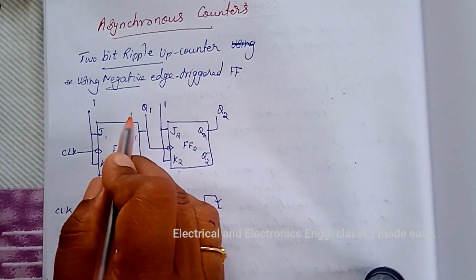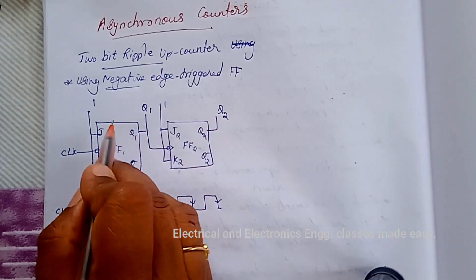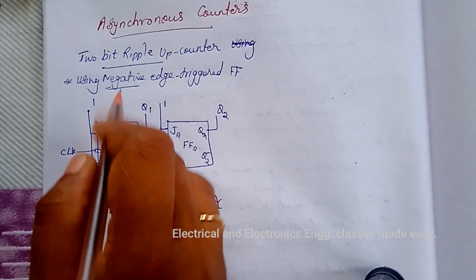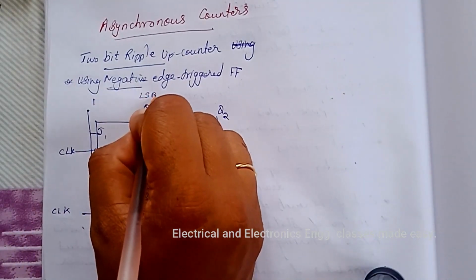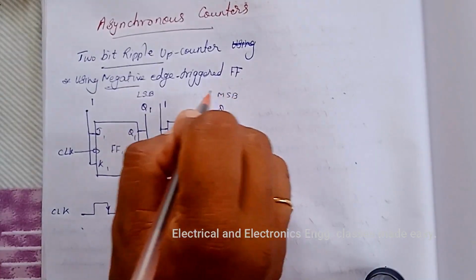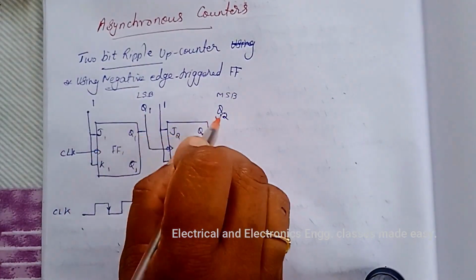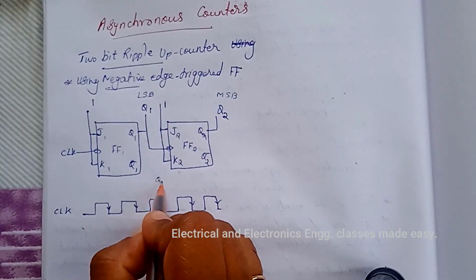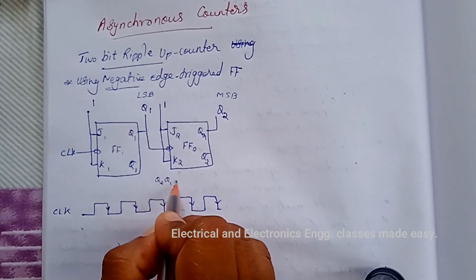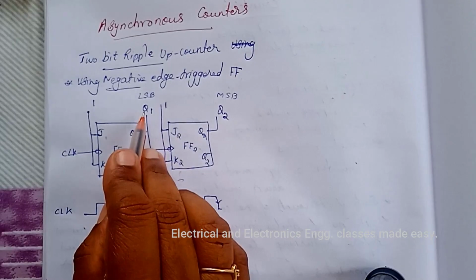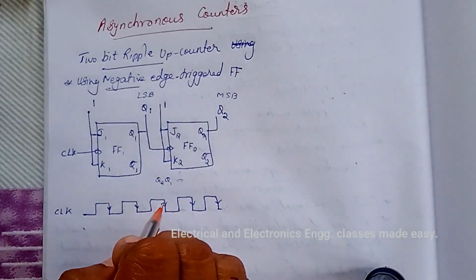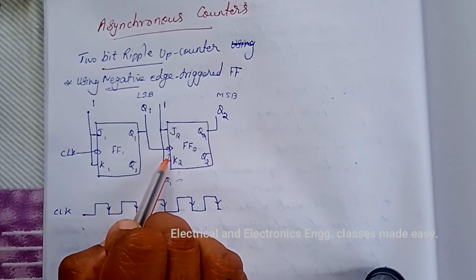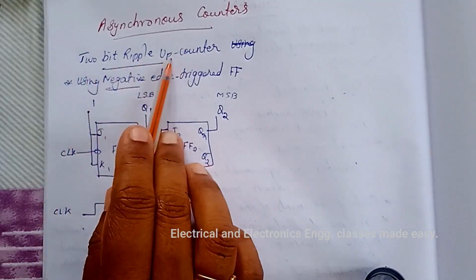So which will be the LSB? LSB is the Q output of the flip-flop to which the external clock is applied. So this is LSB and this is MSB. Q2, Q1 will be the state output. So Q1 is the LSB and Q2 is the MSB. This is a negative edge triggered flip-flop, and this is an up counter.